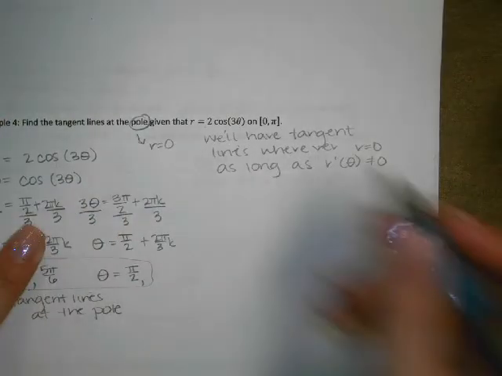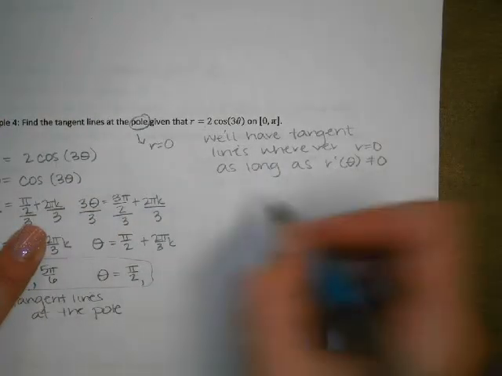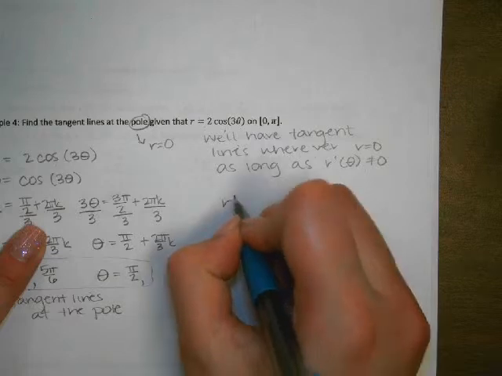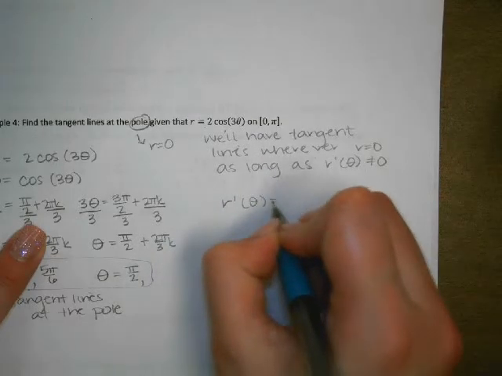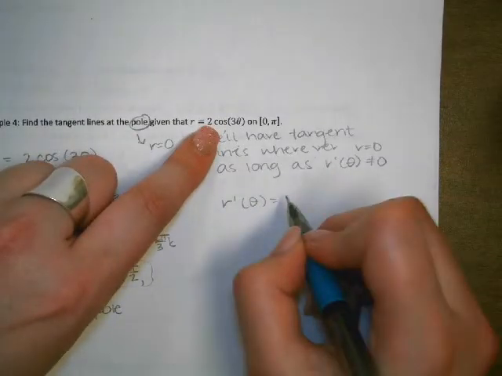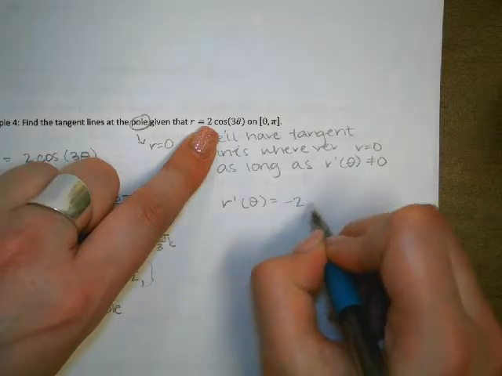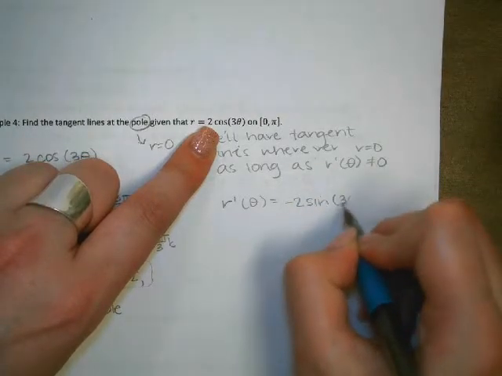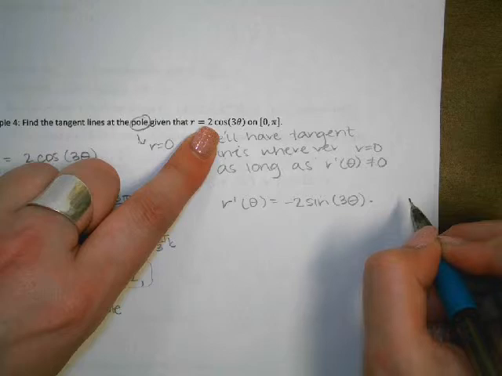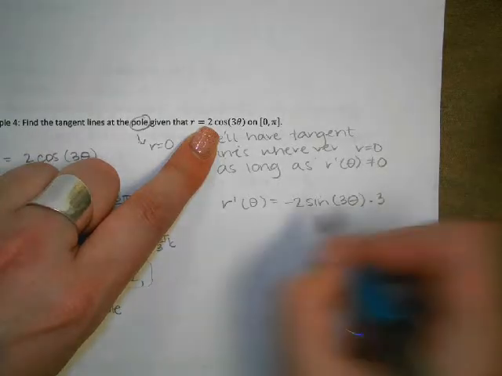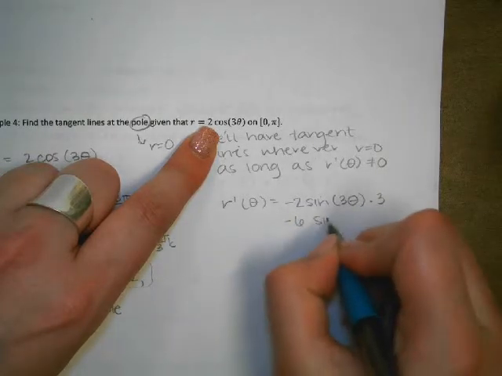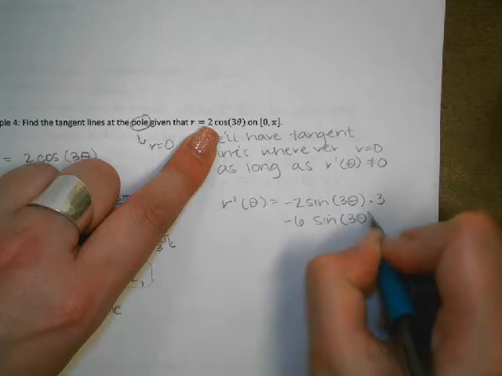Okay, so what we're going to do is check all three of these points. So r prime of theta is derivative of the outside, so that's negative 2 sine of 3 theta multiplied by the derivative of the inside, which is just 3. So that's negative 6 sine 3 theta.